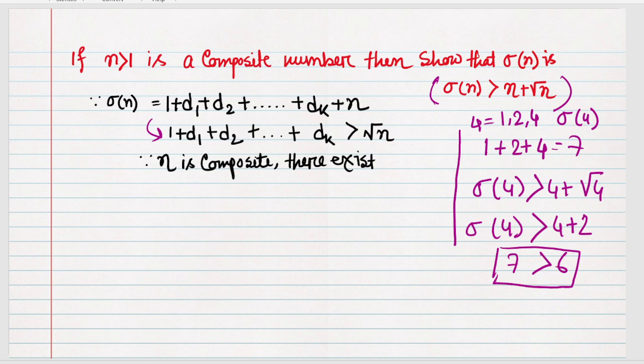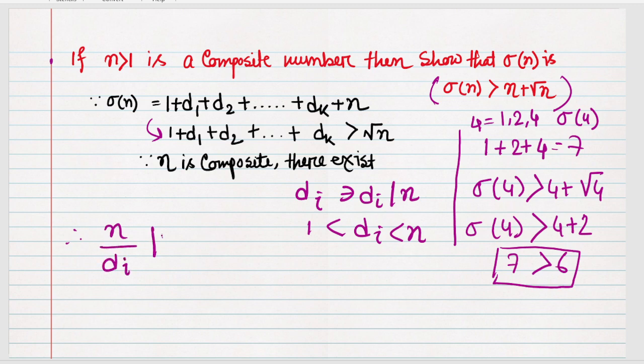So our statement only says, and I think you can easily solve, that if n is composite, then there exists a d_i such that d_i divides n. Therefore we can easily write that n by d_i is also a divisor, and d_i is less than n.